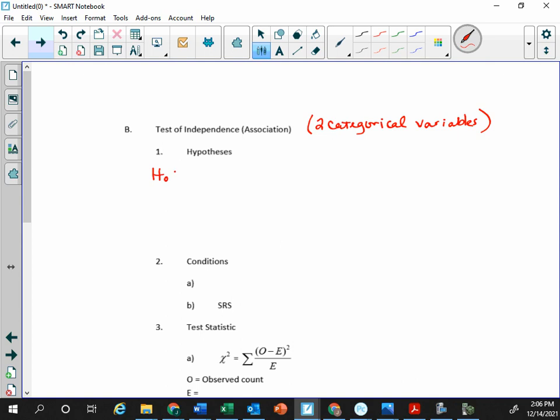And then we've got to write a null and an alternative. The null is always something like the variables are not associated. Like, that's what we're testing, independence or association.